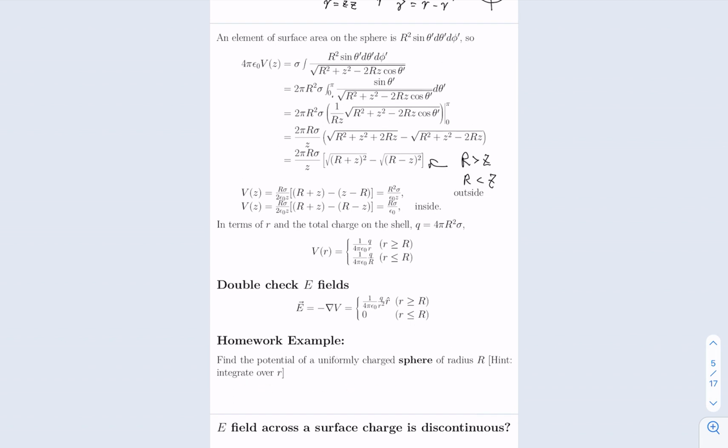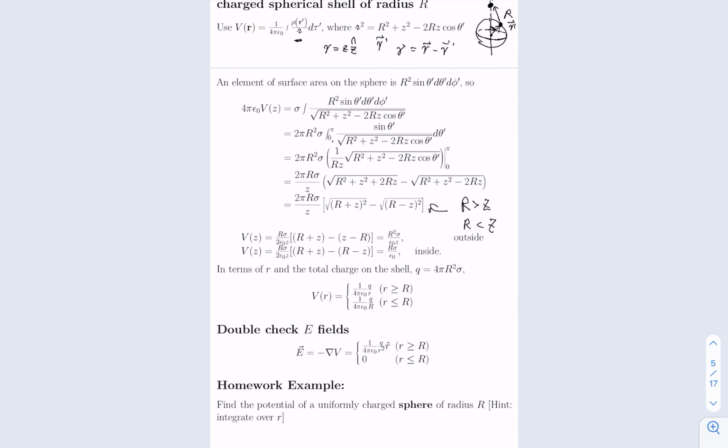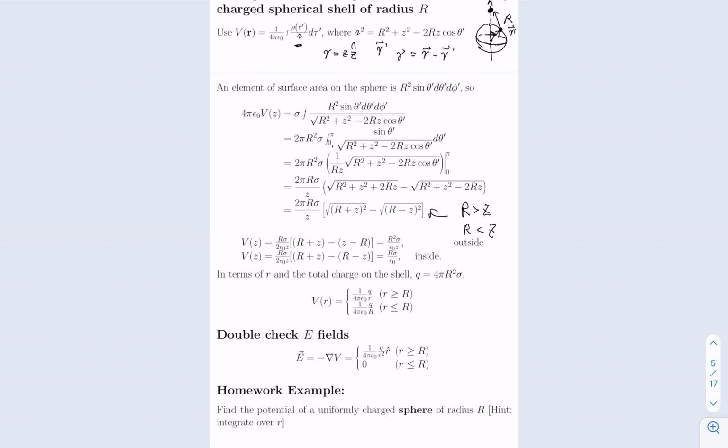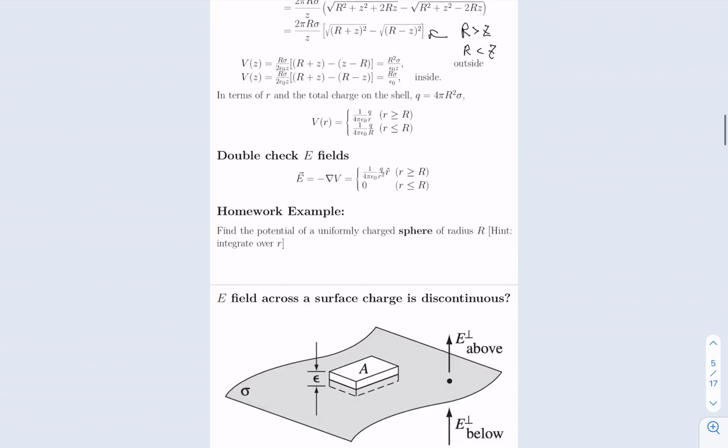One of the related homework problems is to find the potential of a uniformly charged sphere. Instead of only a shell, you need to find the potential for a solid sphere with a volume density rho instead of a surface density sigma. But really, what you need to do here is simply one more step of integration, integrating over the radial direction again.